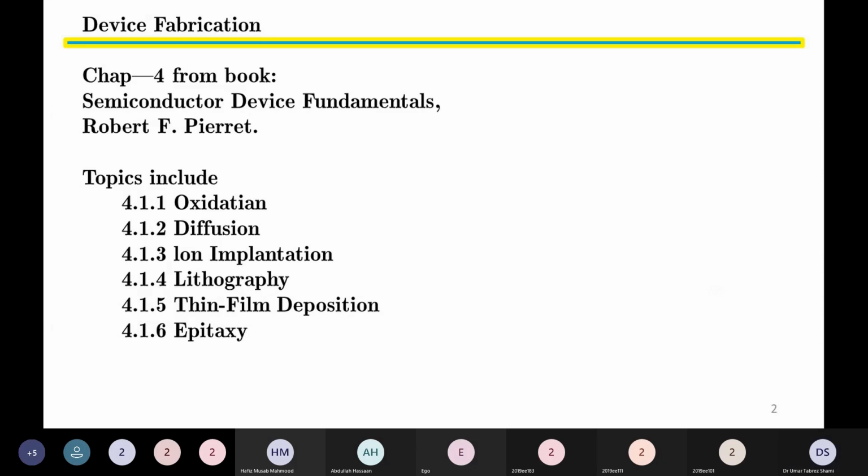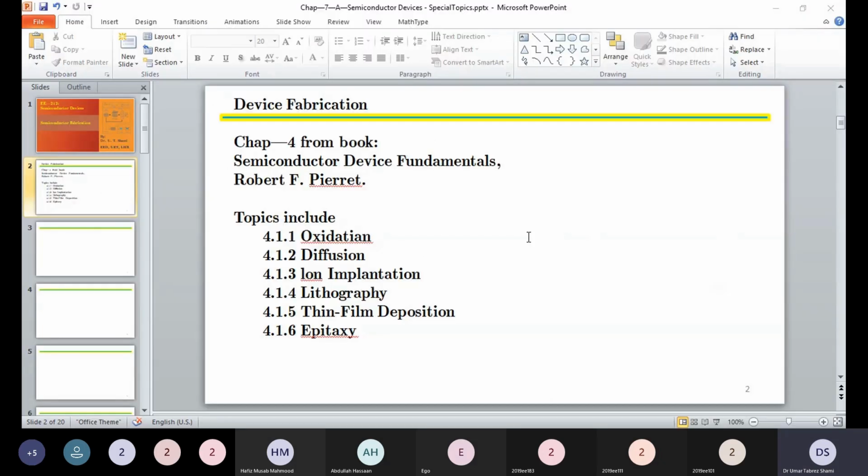So all of these articles are taken from our textbook, Semiconductor Device Fundamentals. Let us start with our first article, oxidation.